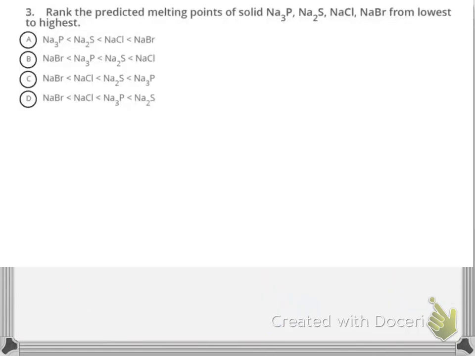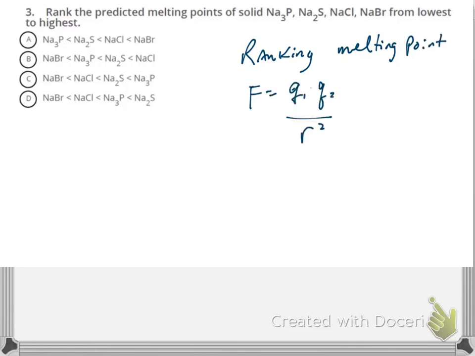And this is a problem that we spent a lot of time on in terms of ranking melting points. If you're ranking melting points, that means you're working with Coulomb's law. So let's write it out. That means we're looking at two different terms: a numerator, that's the product of charges, and the denominator, which is an effect that goes down a column, right?